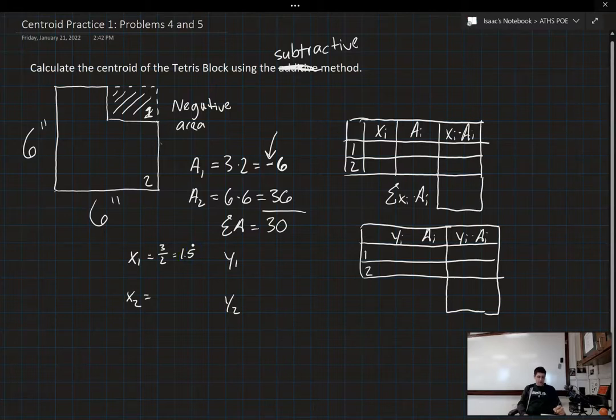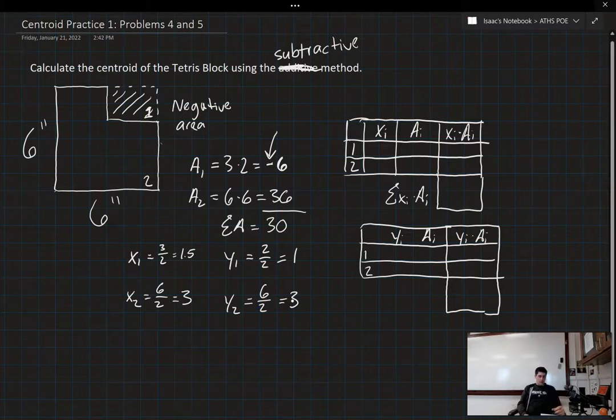Our second shape, the overall rectangle, is going to have 6 divided by 2, which is 3. The y coordinate for our first shape is going to be 2 divided by 2, which is 1. And we will have to convert that in a second as well, since it's not on the origin. And our overall shape is 6 divided by 2, which is 3.